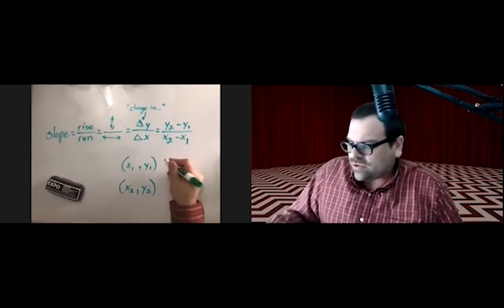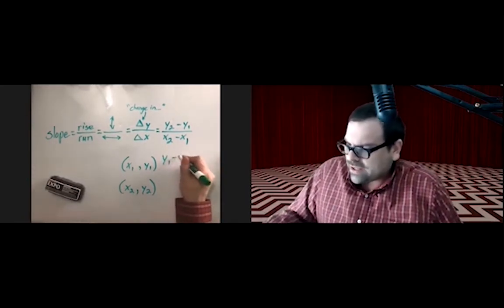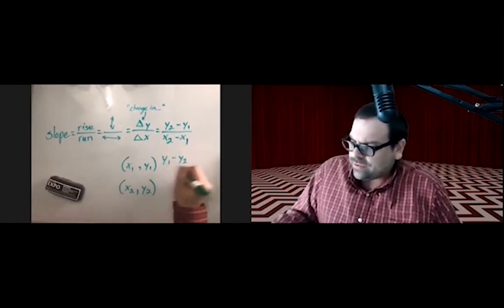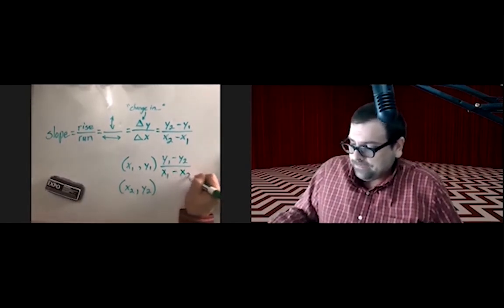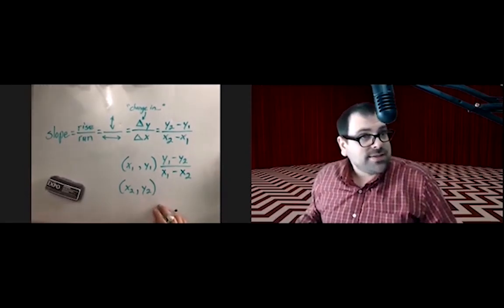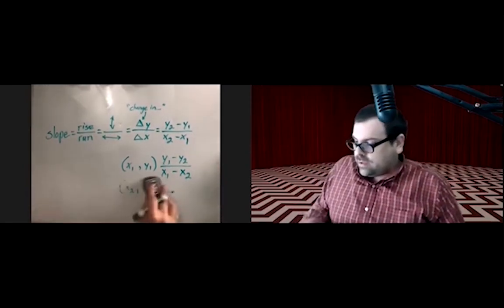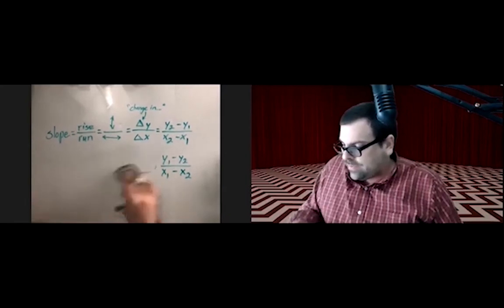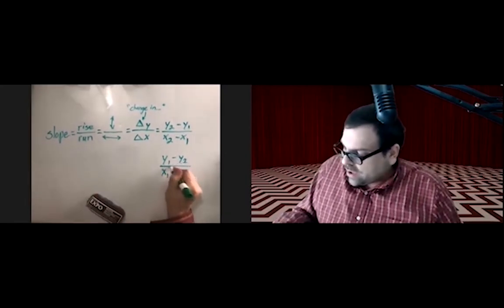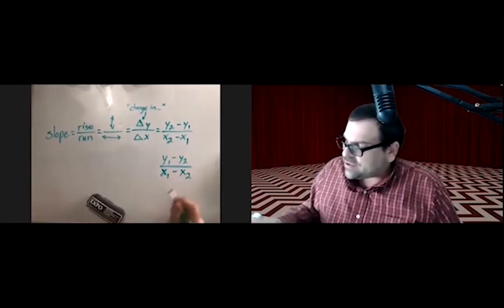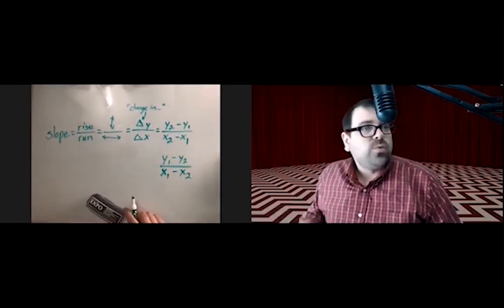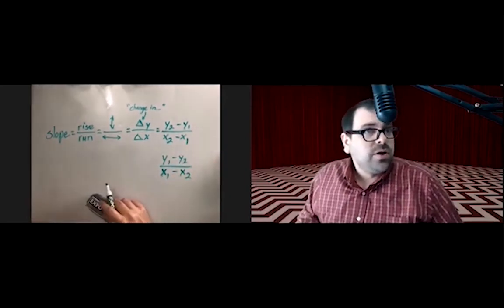So you can do y1 minus y2, but if you did that, the bottom would have to be x1 minus x2. So either y1 minus y2 over x1 minus x2, or y2 minus y1 over x2 minus x1.